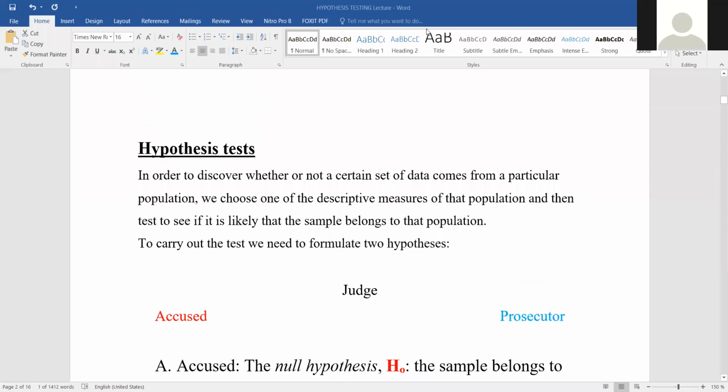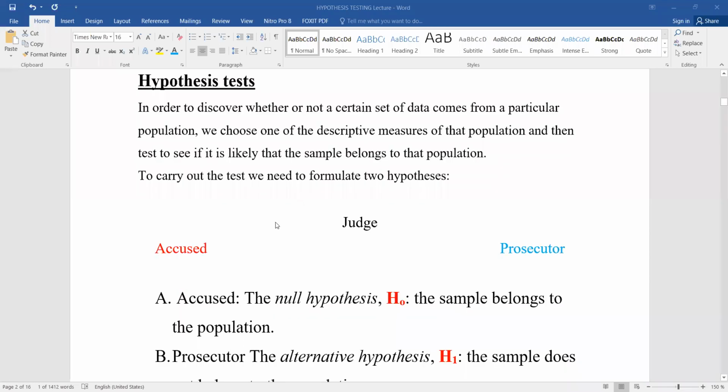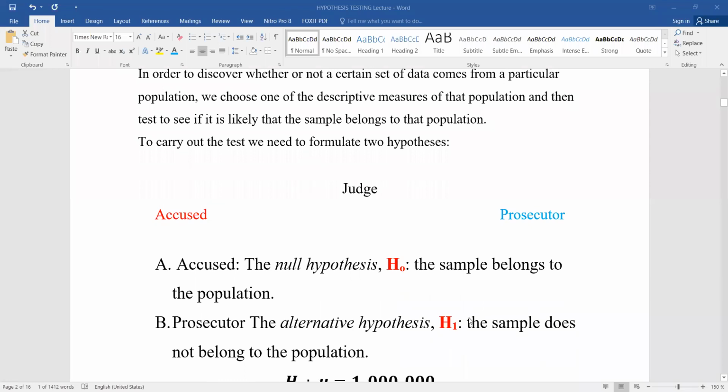So, the accused: we shall first state the null hypothesis. H naught: the sample belongs to the population. That is the accused. Then H1: the sample does not belong.